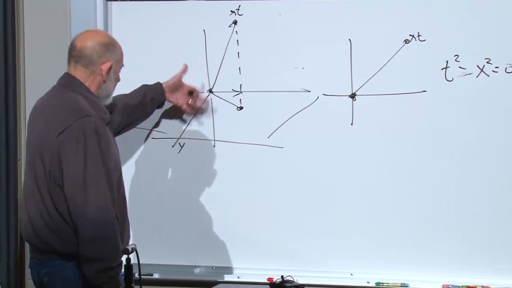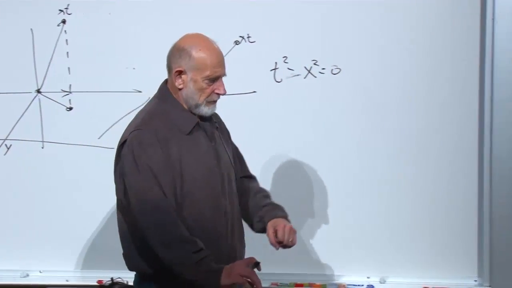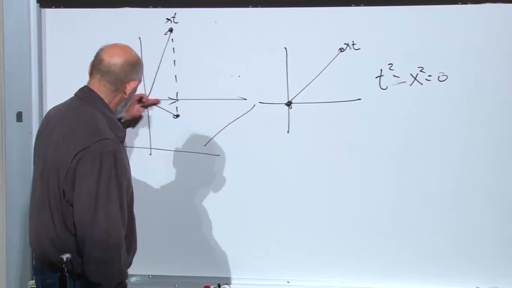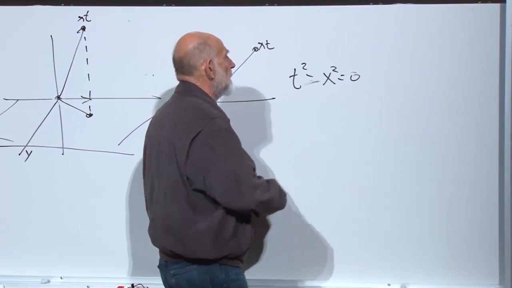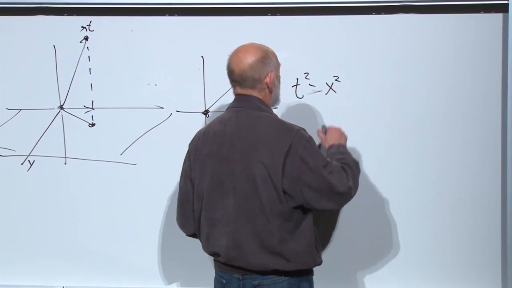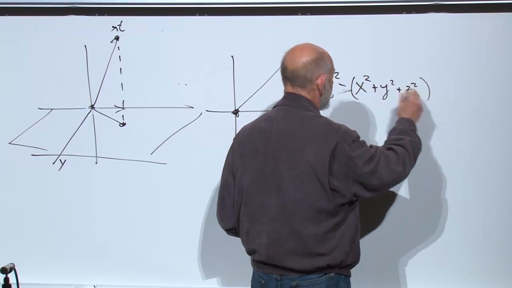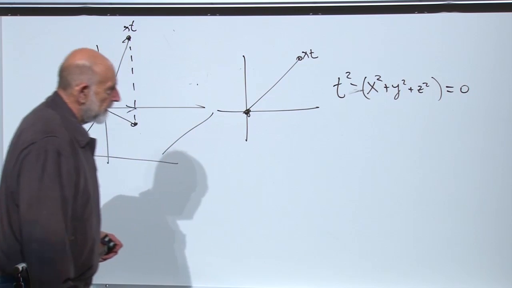Now, if we introduce the additional coordinates y squared and z squared, the square of the distance will become x squared plus y squared plus z squared, and that will be equal to 0 for a light ray.